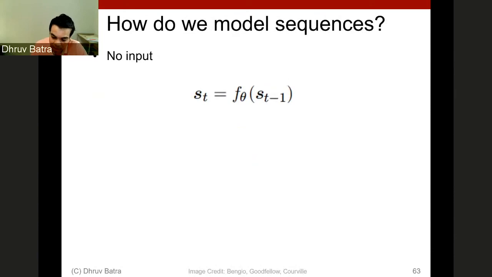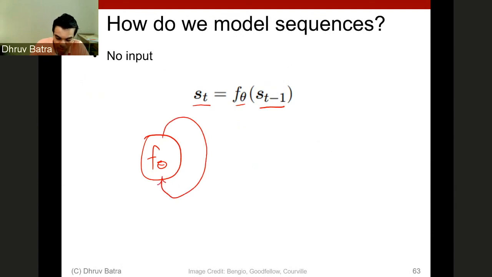Let's say I want a variable s_t that depends upon a variable s_{t-1} with a function f theta. Now, if I wanted to write this as a computational flow graph, I would say f theta is the operation, the node in the computational flow graph. And if I am not careful, what I'm saying in a computational flow graph is that the output of this goes into its input, right?